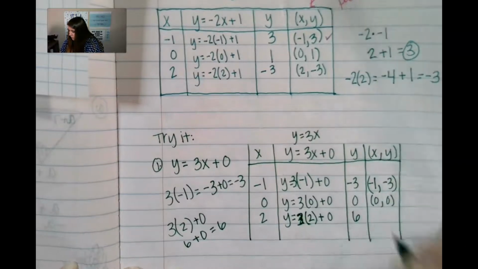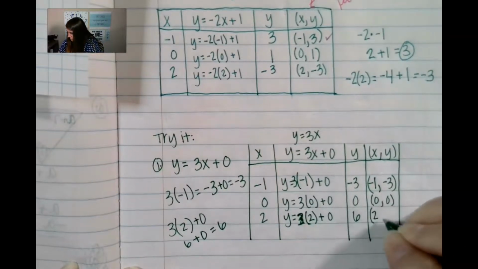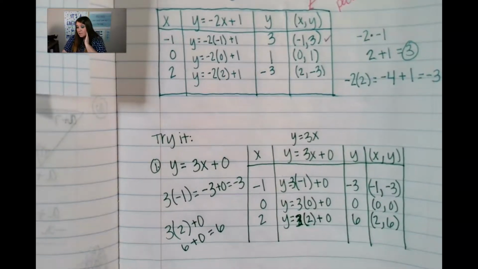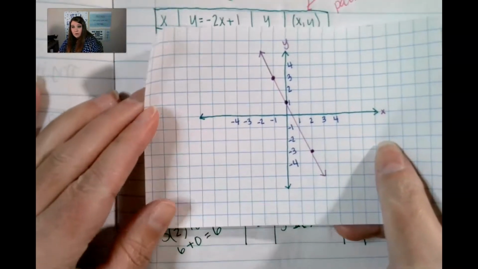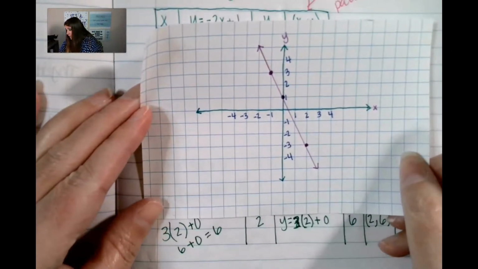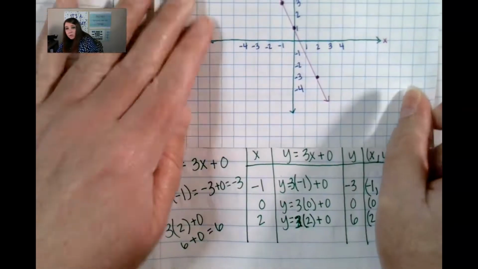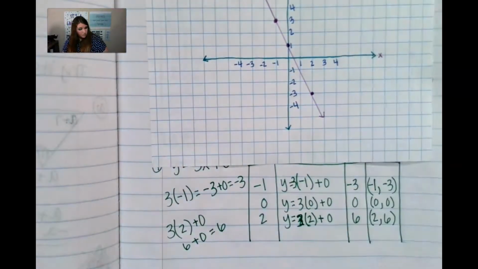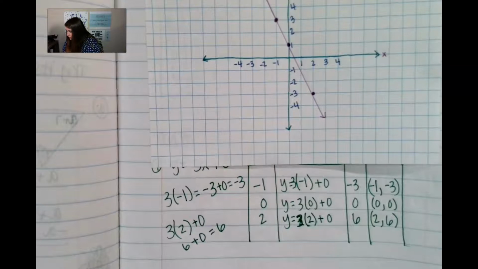There is my ordered pair, 2, 6. All right, now I can use my same graph paper if I want, since I already have it created, and I'm just going to use a different color now for these ordered pairs. So I'm going to go ahead and use pink because I haven't used that color yet.